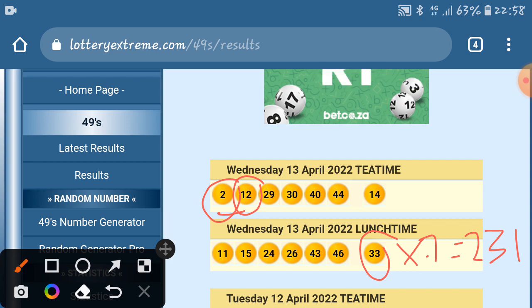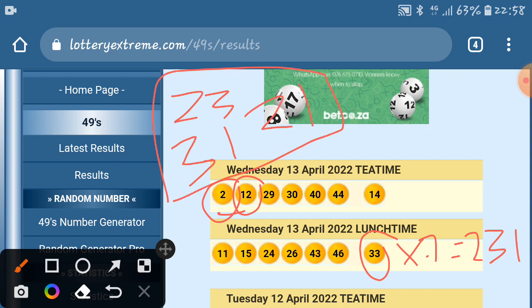From what is left, I am going in with banker 23. Very clear. I'm going in with banker 23 and banker 31. Right? Banker 31 and banker 21. So those are the three numbers that I'm getting from the chord that will jump to tomorrow's draw.